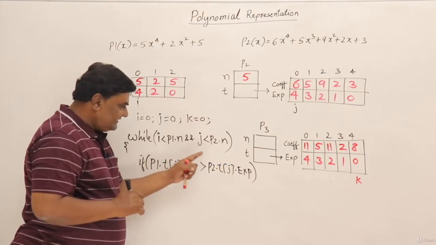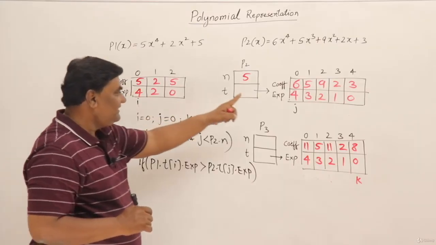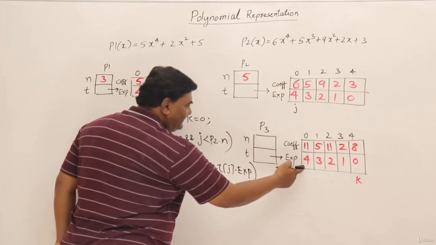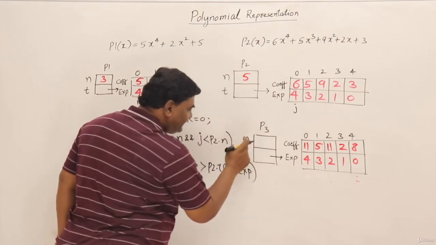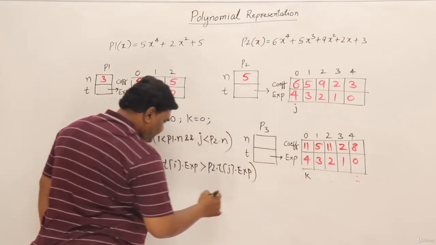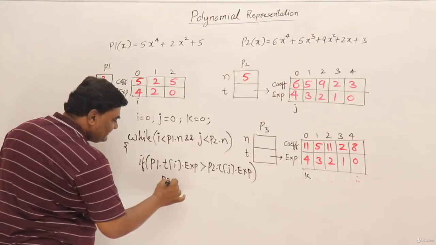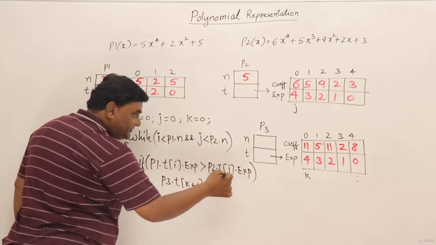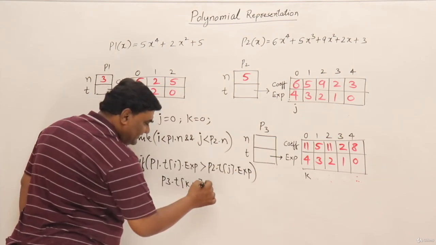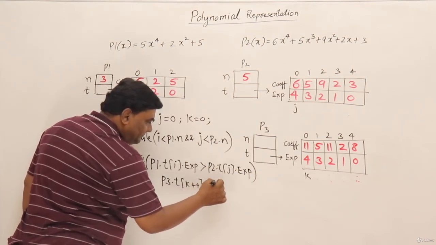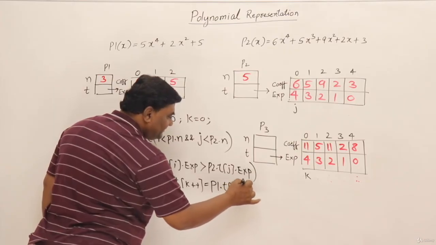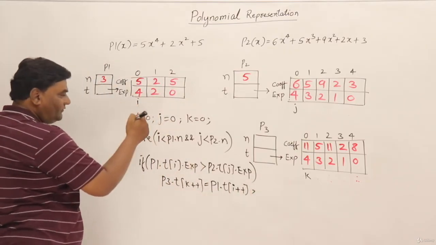If this is greater than that one, then copy this one as it is into p3's t of k. So p3's t of k, k plus plus also. Afterwards we should move k. Assign with p1.t[i++] also. Here also after copying we should move i.